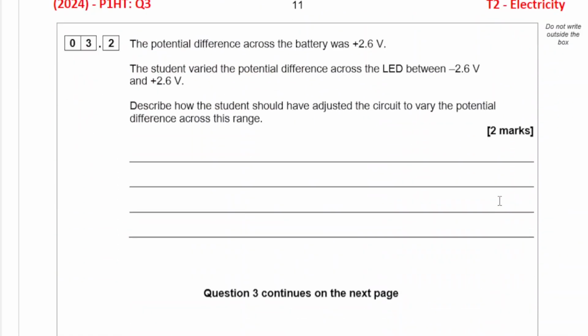The potential difference across the battery was plus 2.6 volts. The student varied the potential difference across the LED between minus 2.6 volts and plus 2.6 volts. Describe how the student should have adjusted the circuit to vary the potential difference across this range.